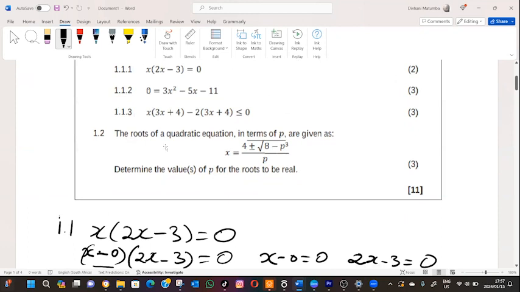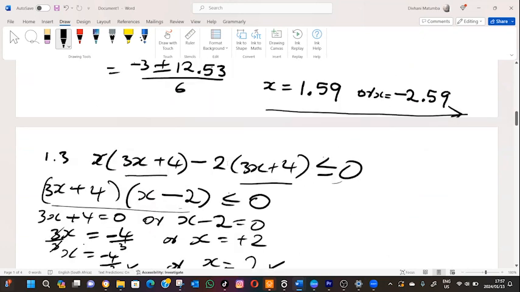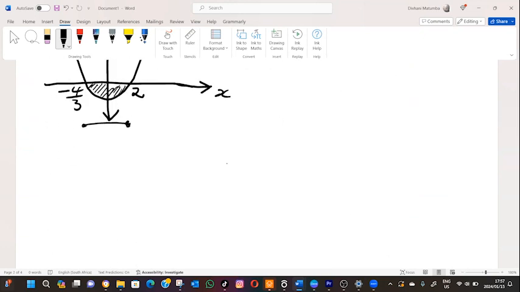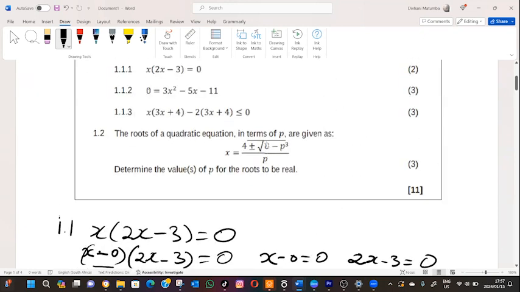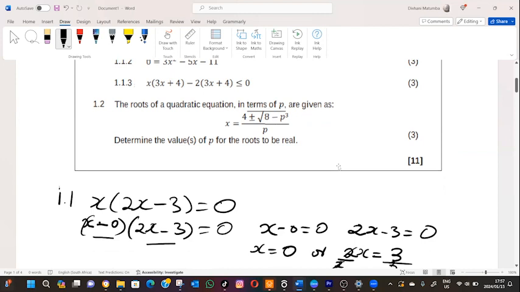All right. Now the last question, 1.2. It may look difficult, but it is not. We are actually going to apply fundamentals.